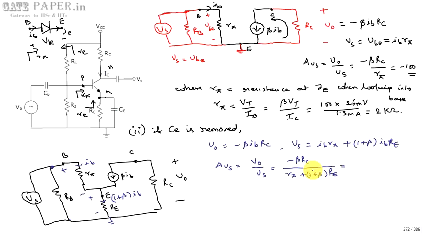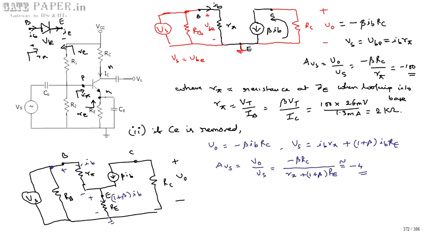The values are given: beta is 100, RC is 2 kilo ohms, r_pi is 2 kilo ohms as just calculated, and Re is 500 ohms, that is 0.5 kilo ohms. Substituting all these, it is approximately minus 4.